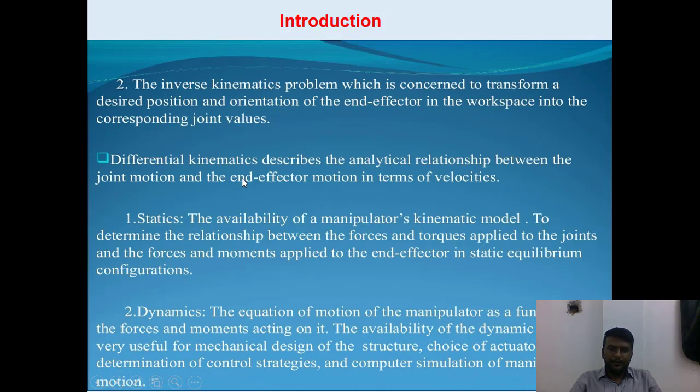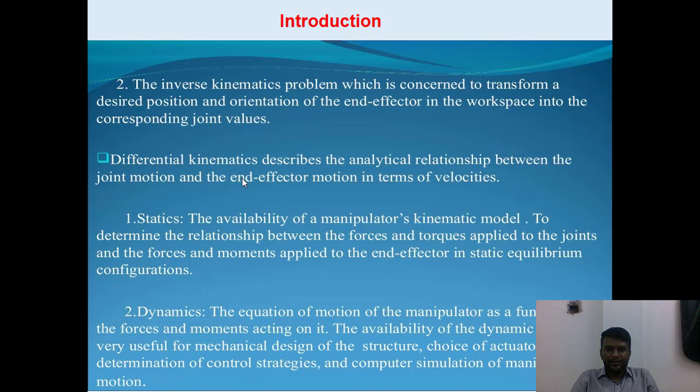The next is inverse kinematics, that is, the inverse or reverse kinematics. In inverse kinematics, we find out the joint values, meaning the angles between different joints, while the position and orientation of the end effector is known. So from the position and orientation of the end effector, we find out the corresponding joint values.